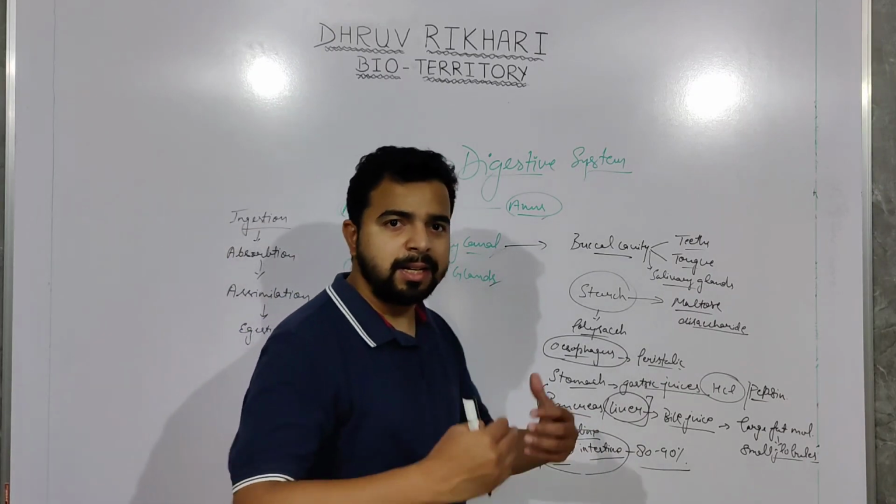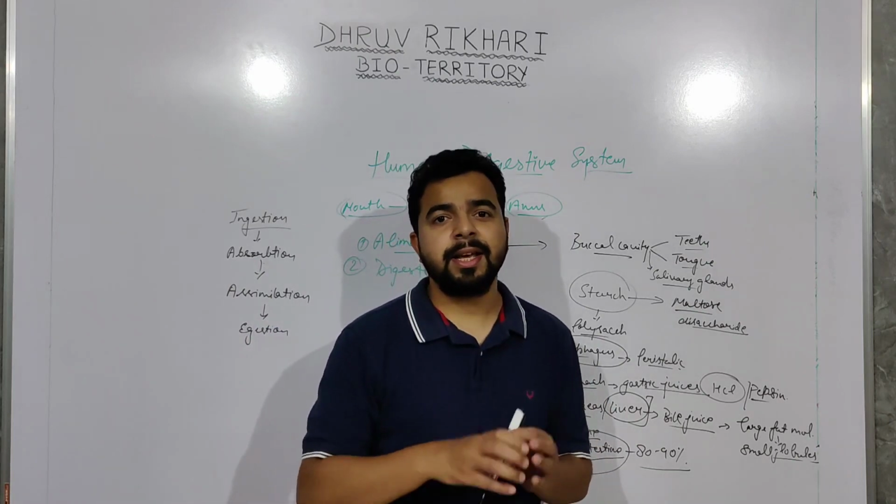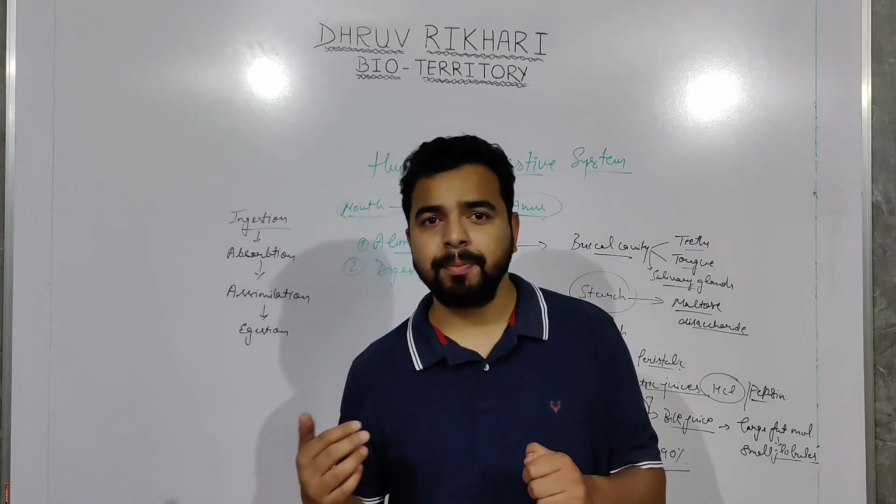And the small intestines are coiled structures, and along with that they have finger-like projections which we call microvilli.